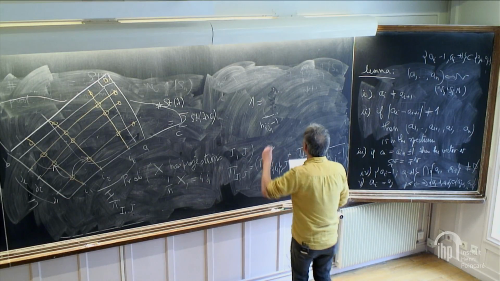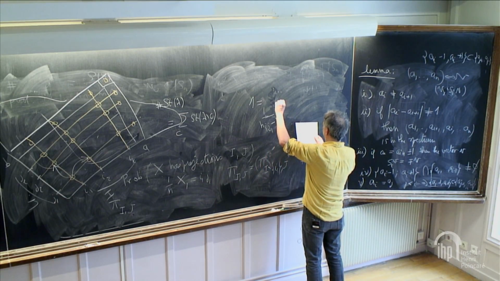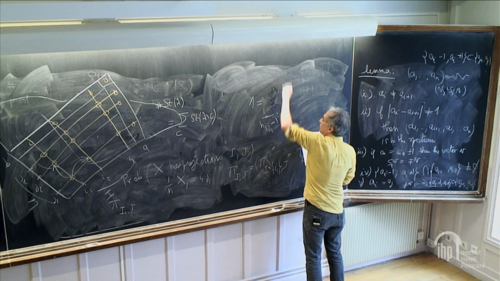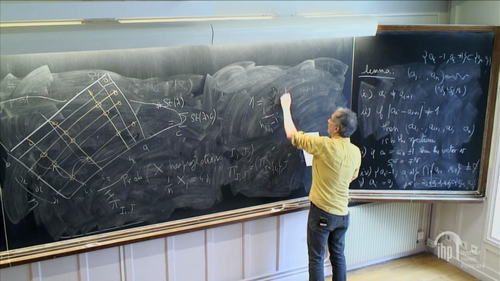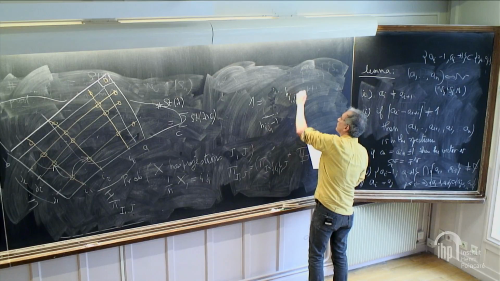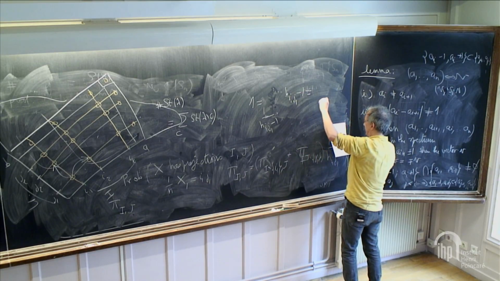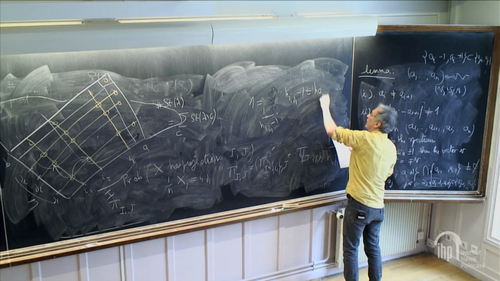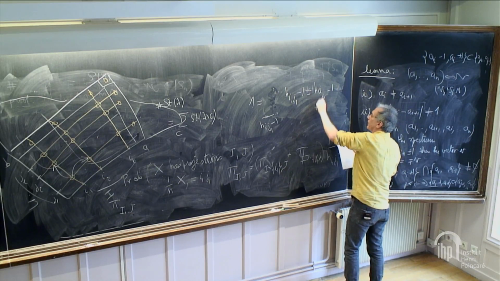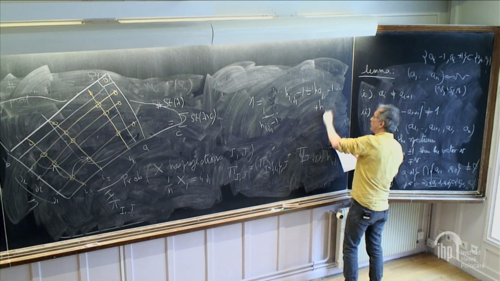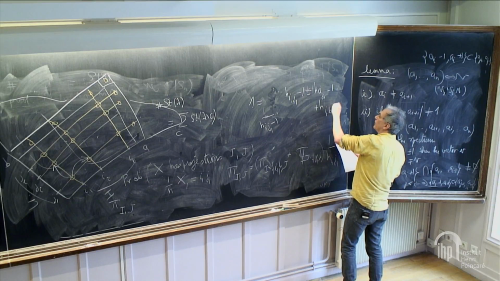Okay, so what I claim is that this is equal to H(i, j1) minus 1 plus H(i1, j) minus 1.